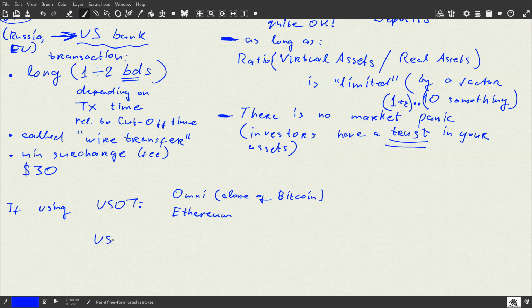USDC is another one. That's Ethereum. There are other USD stable crypto coins. There is USDT and there is a less popular one, TUSD. Don't confuse them. USDT is from Tether. TUSD, I don't remember.